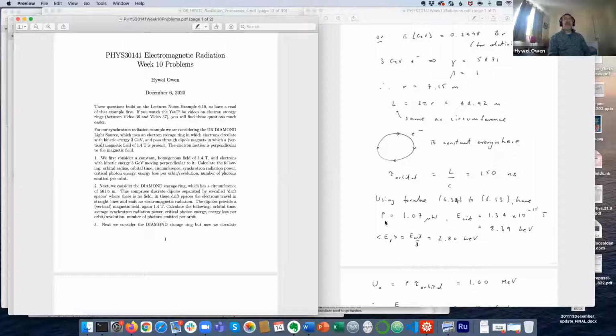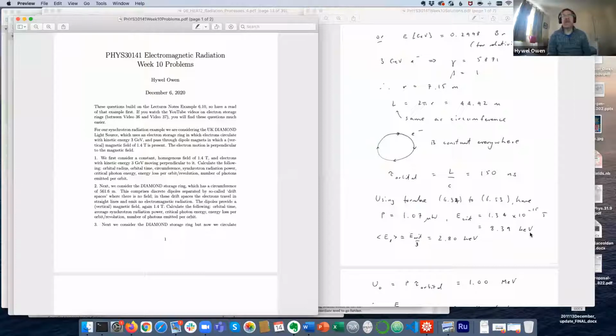The critical energy is 1.34 times 10 to the minus 15 joules. And when we convert that into keV, and we really ought to convert it into keV, we see that it's 8.39 keV.